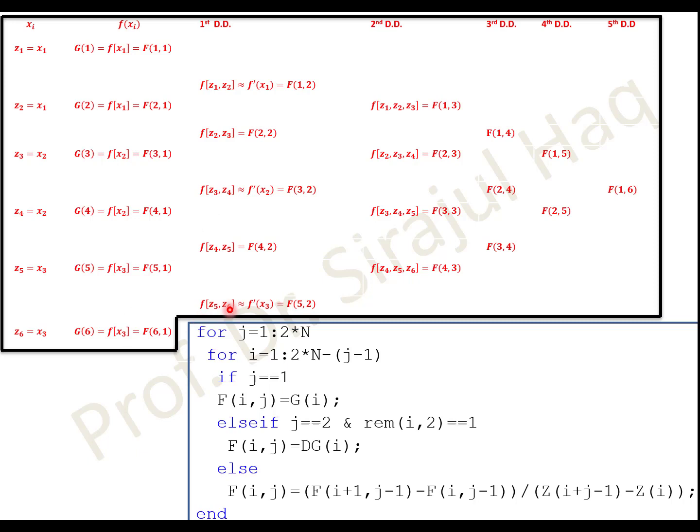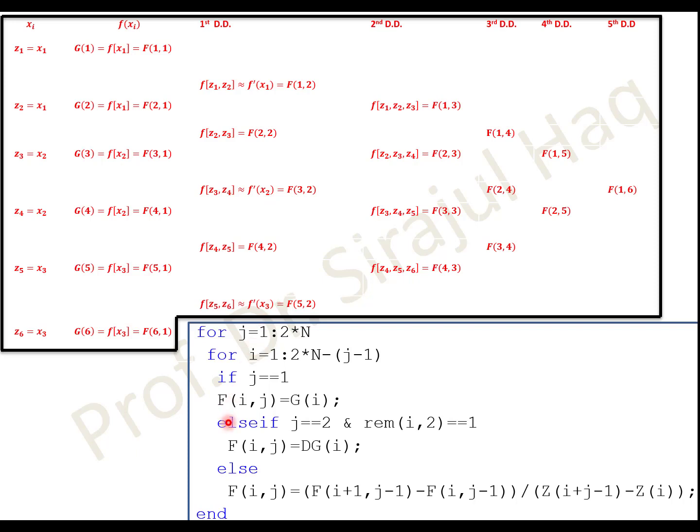And similarly, if you look at this value, f of z6 minus f of z5 is f of x3 minus f of x3 divided by x3 minus x3. Again, you are getting 0 by 0. When you are getting 0 by 0, that's the reason this value has been replaced by the derivative of the function at x is equal to x3. The rest of the construction of the table is the same as you know already. This was the only change.